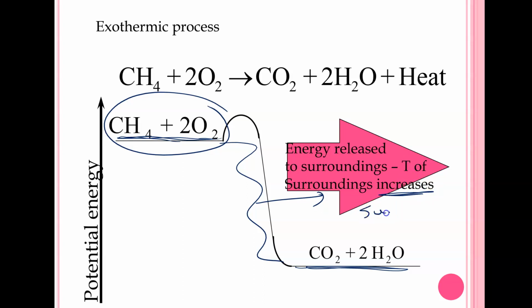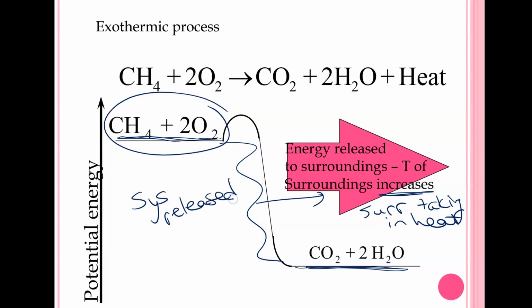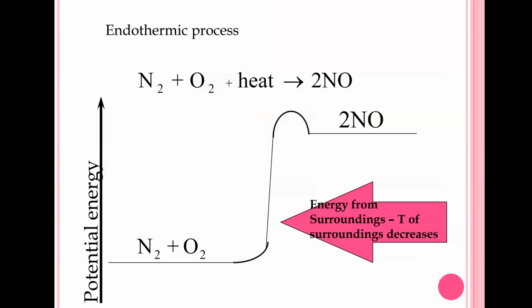So the surroundings is taking in heat, but the system released it. Okay? And that's a really hard thing for people to understand. So we're measuring the surroundings, but the system is the opposite situation. If the surroundings is endothermic, taking in heat, then the system is releasing it, it's exothermic.